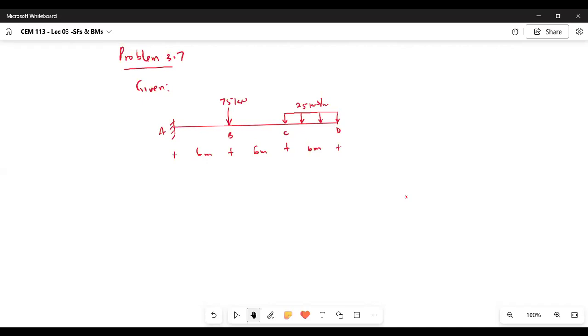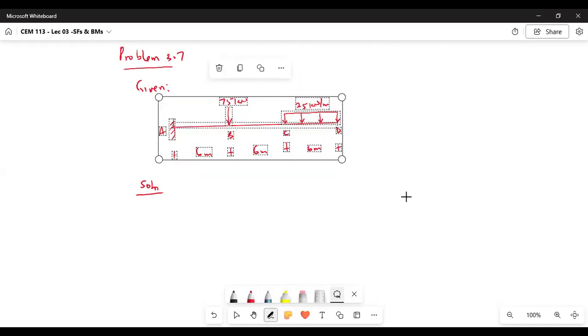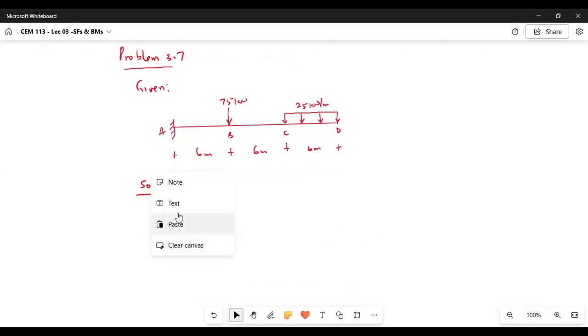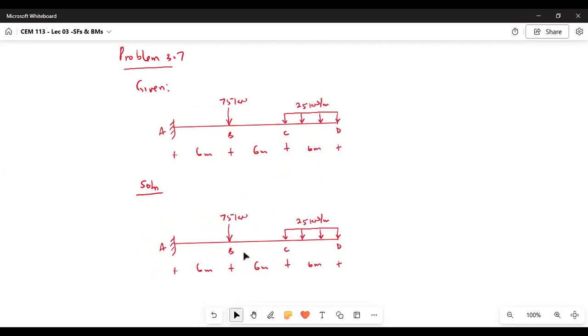All right, so we need to provide our solution by starting with a free body diagram. Okay, so I'm copying this. I'm bringing it here just to modify something small.